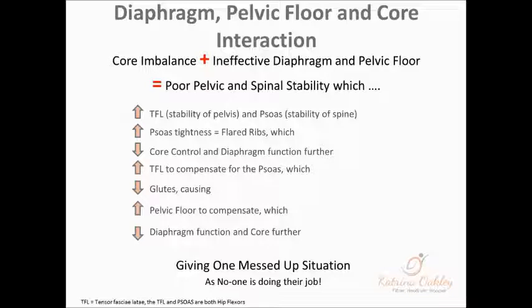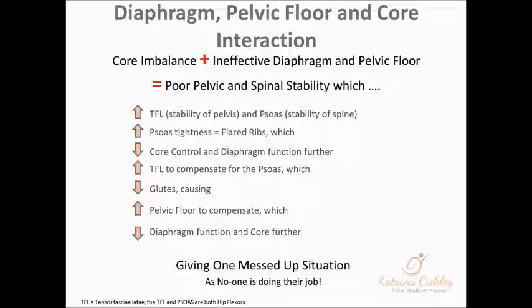Now, the more your glutes shut down, the more it increases the pelvic floor activation, because you need great glutes to help support your pelvic floor. So when your pelvic floor gets tight, that means it rises. And think about that pressure system that we just went through.